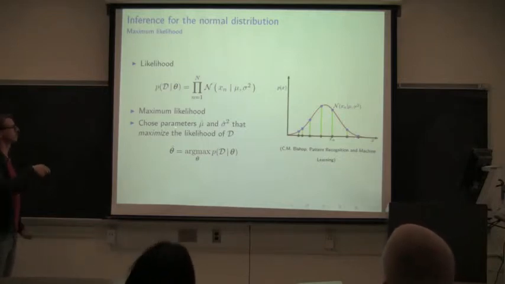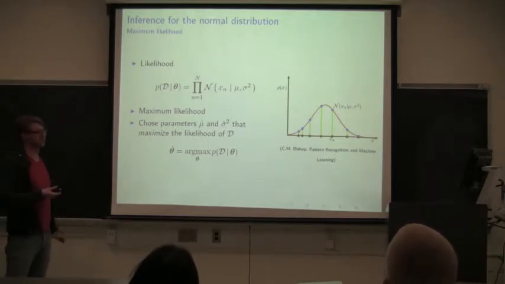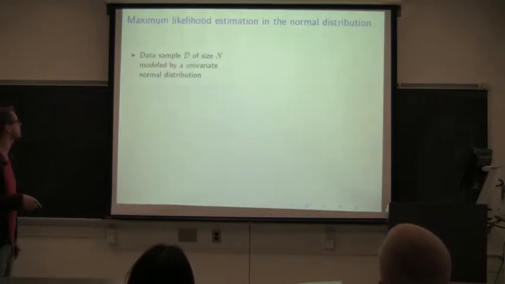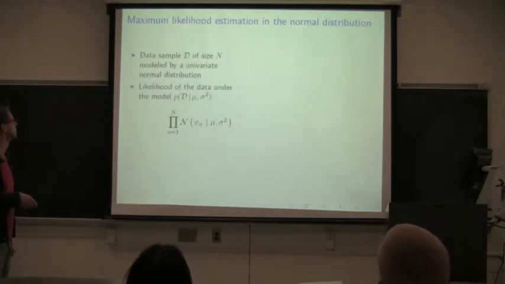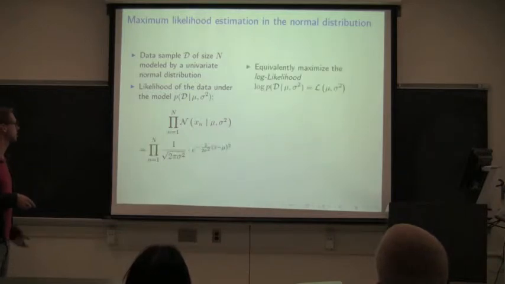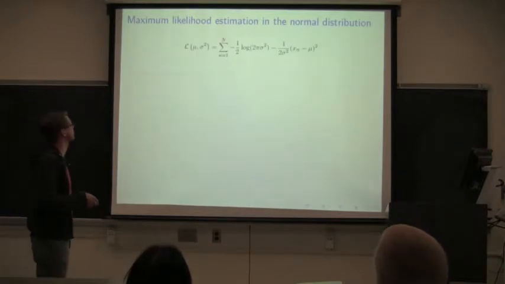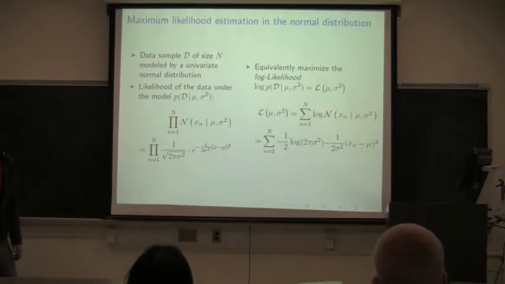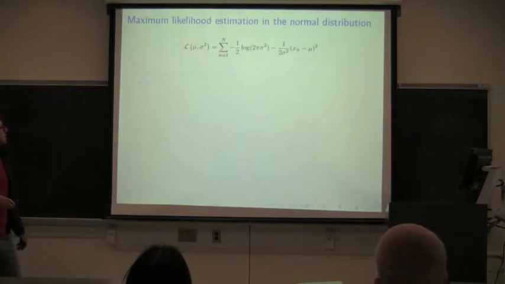So maximizing this likelihood is a way to choose those parameters, and it's a good one. It has a lot of nice properties. So for the normal distribution, we did this last week. We saw that, well, maximizing the likelihood is the same as maximizing the log likelihood. Usually, this is mathematically a little bit simpler. That's why we use the log likelihood.